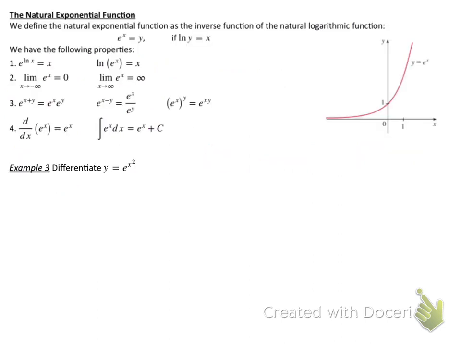Now we're going to talk about the natural exponential function, which is the exponential function with base e. We define the natural exponential function as the inverse function of the logarithmic function that we already have. I'm not going to show these, but all the rules that you knew are still true based on this new definition, where ln x is the integral from 1 to x of 1 over t dt.